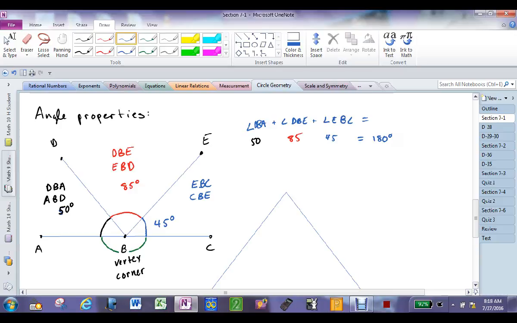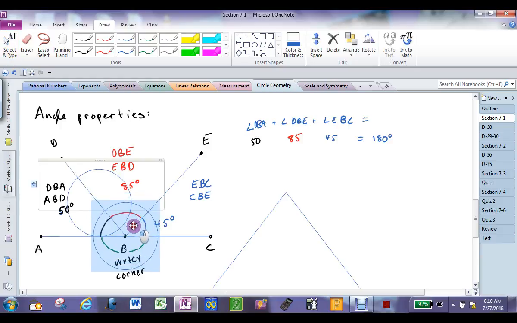All right. Now, the point I'm trying to make here is even if you don't do this experiment, what shape did I just draw in blue? It's a circle.